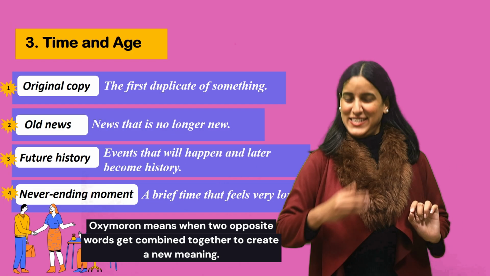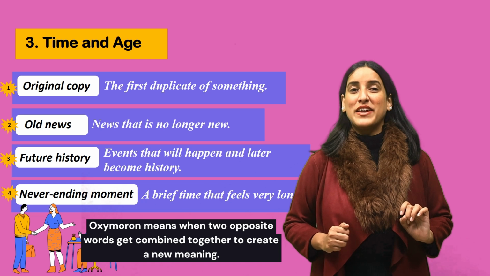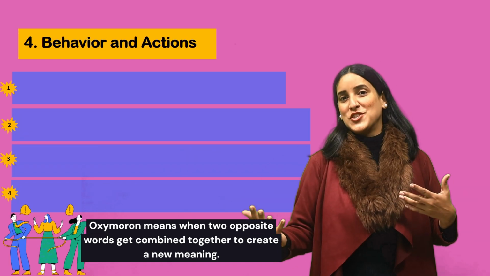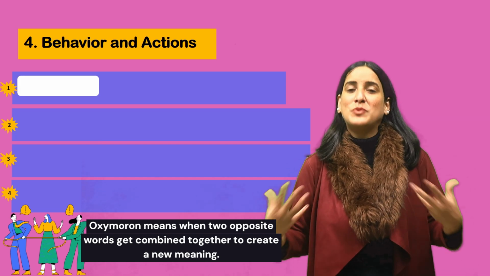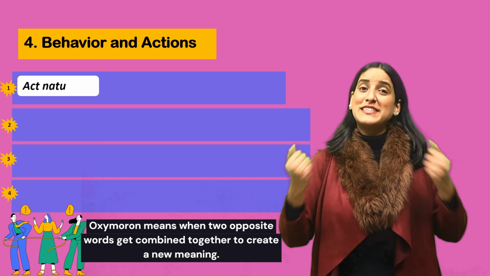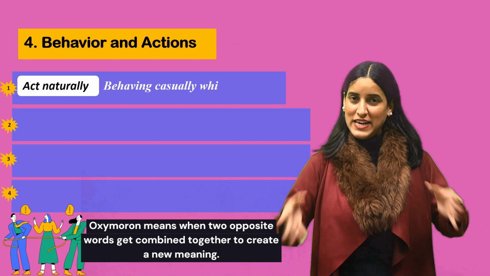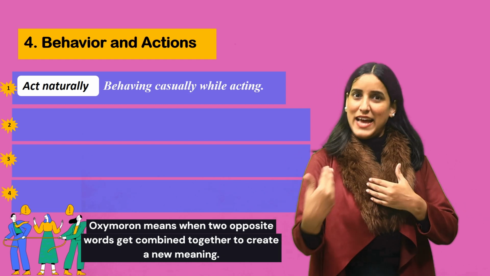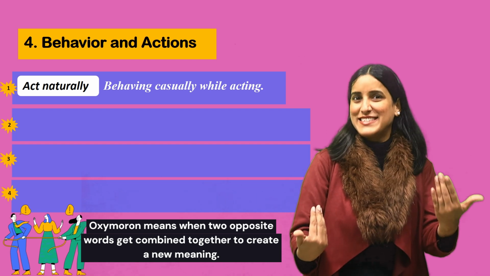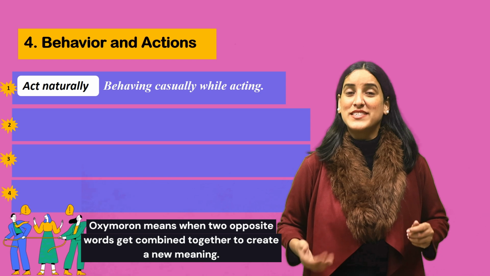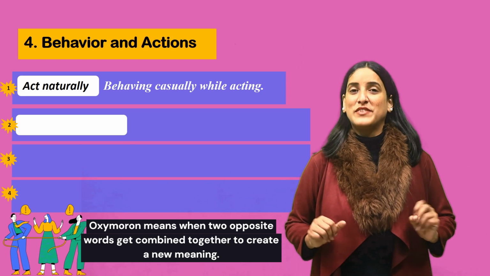Okay, continuing and exploring the fourth set of words, which are behavior and actions, which means how people usually act. For example, act naturally, which means behaving casually. See, be natural but act also at the same time, right? For example, the director told the actress to act naturally in front of the camera.